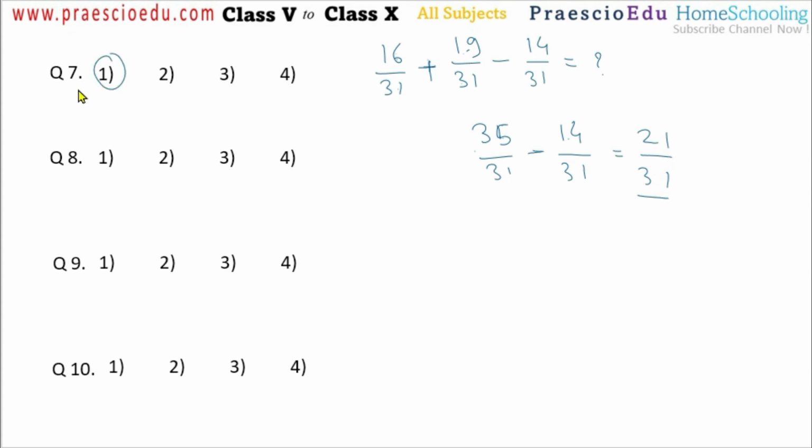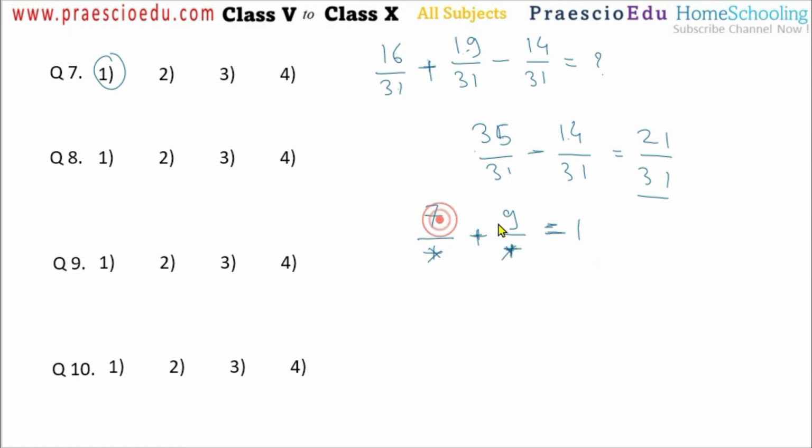Now question number 8: if the sum of 7 by asterisk plus 9 by asterisk is equivalent to 1, meaning these two fractions added are equal to 1, what same number should replace the asterisk?